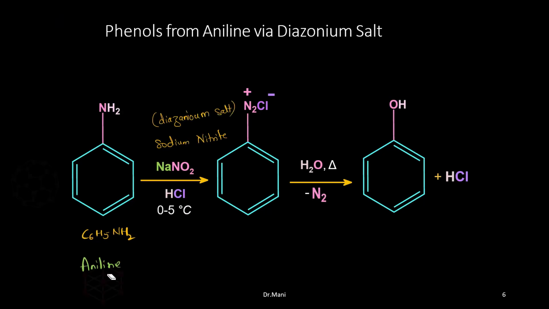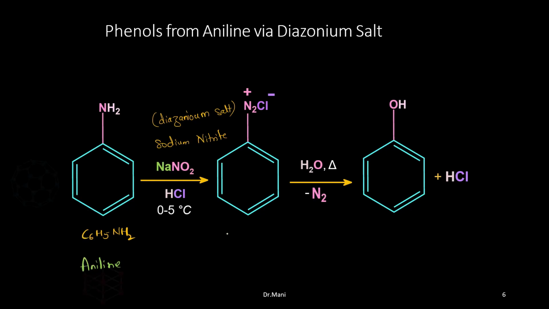Upon treating this aniline with the sodium nitrite at very low temperature, in presence of hydrochloric acid, it will be converted into the benzene diazonium salt.